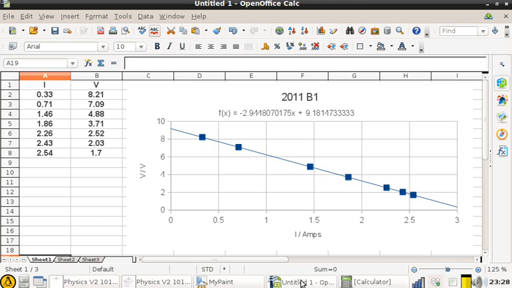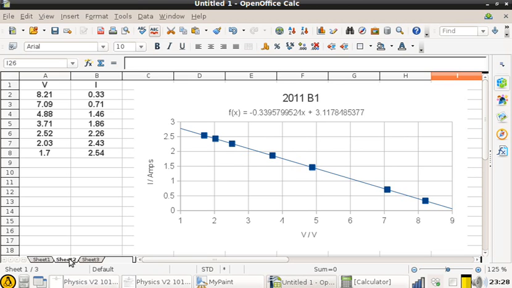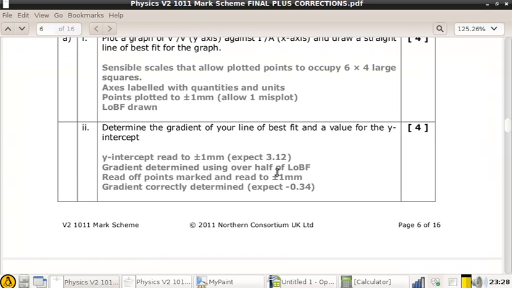If you look here, in another tab, I've used the same data but swapped them around. So here I put the voltage on the X and the current on the Y, and you can see that the equation I get has a slope of minus 0.339. In the marking scheme, that's what we have there, minus 0.34, in other words, rounded to 2 decimal places.